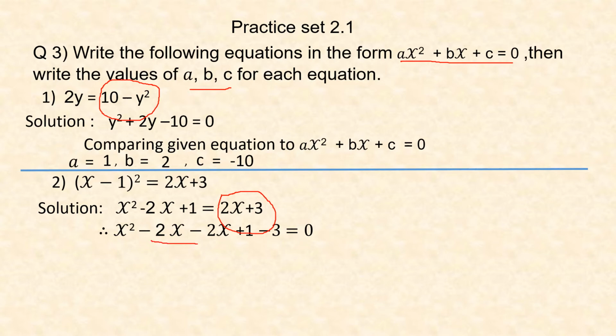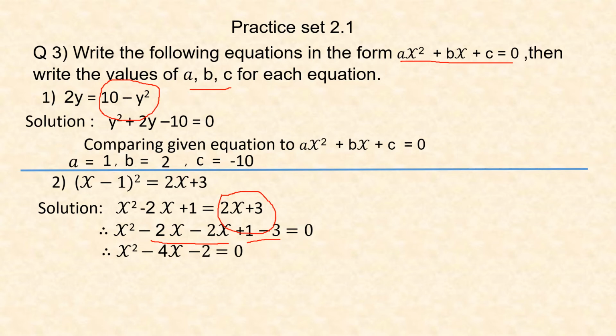Now simplify. Minus 2x and minus 2x are like terms. Therefore x square, minus 2x minus 2x is equal to minus 4x. Signs are same, therefore we add like terms and give the same sign, that is minus.